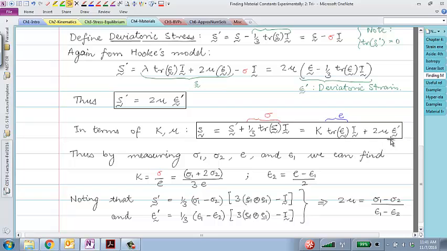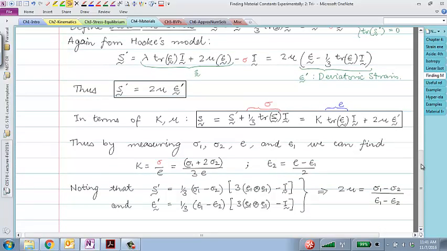Okay, so we have these three pairs of material properties now: lambda mu, Young's modulus C, and Poisson's ratio nu. And now we have bulk modulus K and mu, that sometimes people write as G, the shear modulus.